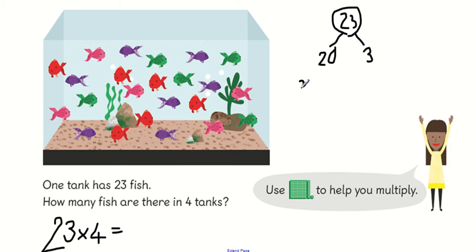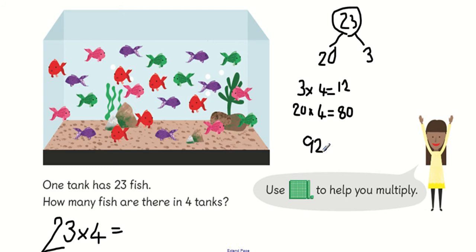I'm going to do 3 times 4, which I know is 12. And then I'm going to do 20 times 4 over here, which if I'm not sure of, I know I can do 2 times 4. I know 2 times 4 is 8, and then times 8 by 10 to get 80. And then I'm going to add these two numbers together. So I know that 80 add 12 is going to be 92.